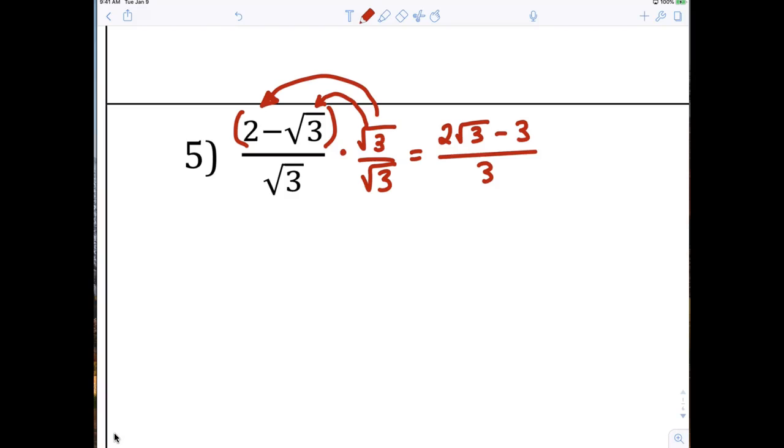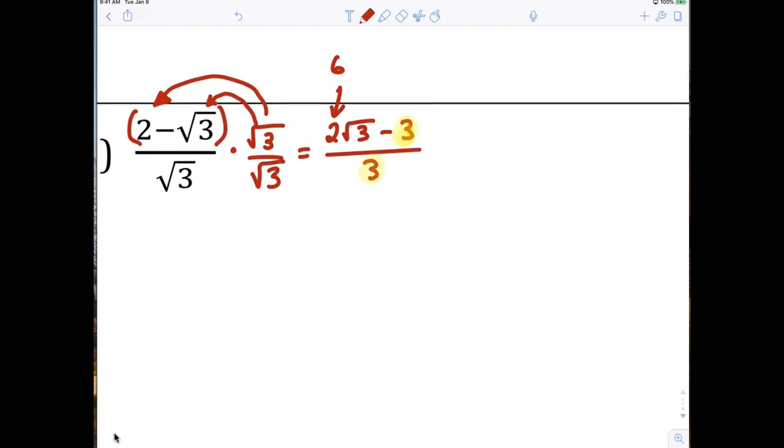Now the question is, can I reduce this 3 and this 3? Never reduce terms bounded by addition and subtraction. The only way you're going to be able to reduce that is if this number right here was like a 6. Then they could all be reduced by 3. You cannot individually reduce things if they're bounded by addition and subtraction.